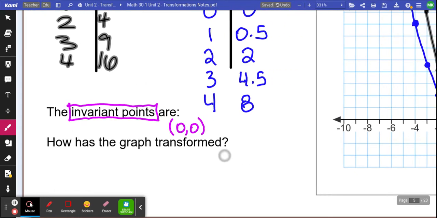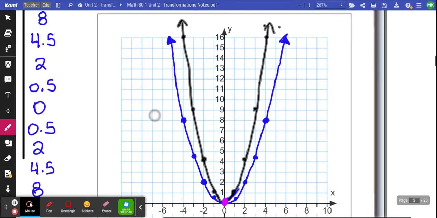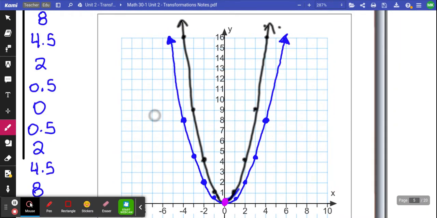Cool. How's the graph transformed? So what's actually happened here? To see how something's transformed for this one, I like to take points from the original graph and try to figure out where that point has now gone. So if I look at the original black graph, there's a point up here. That point is at -4, 16.